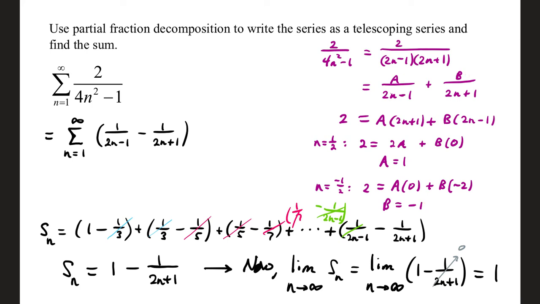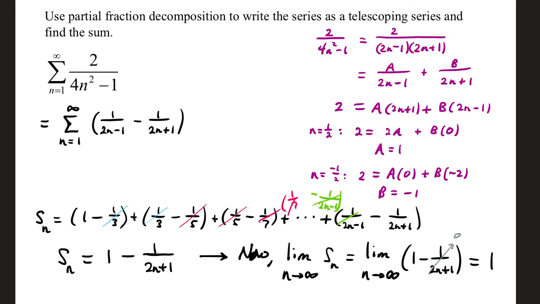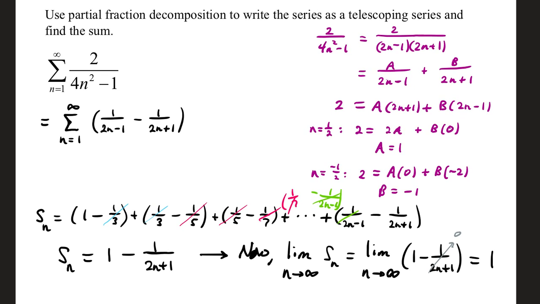Now that we know a and b, we can rewrite this a sub n term as the difference of those two simpler fractions. Now what that does is that lets us create a telescoping series S sub n, and again I'm going to use these two fractions.